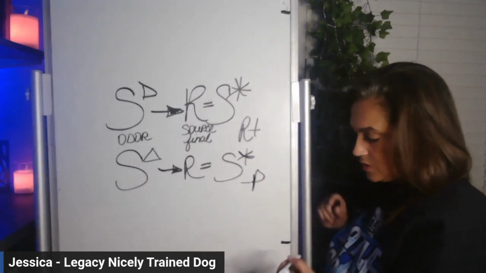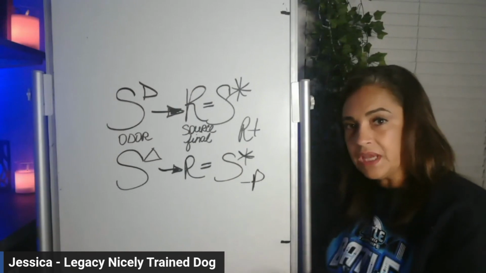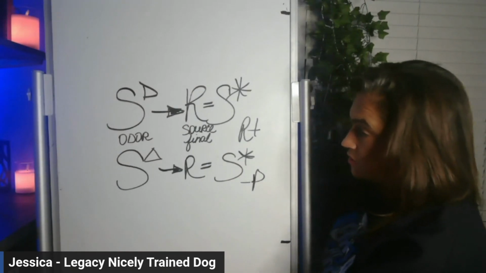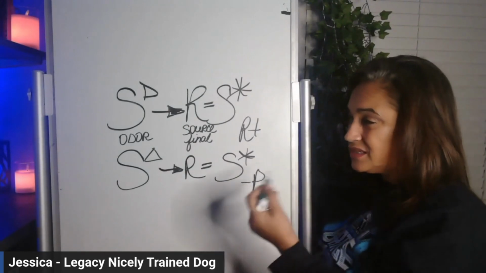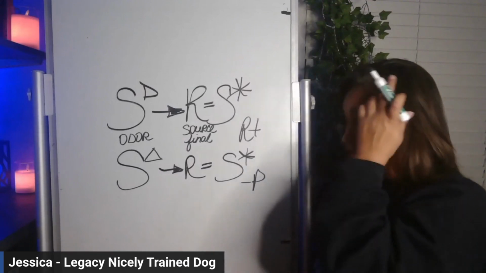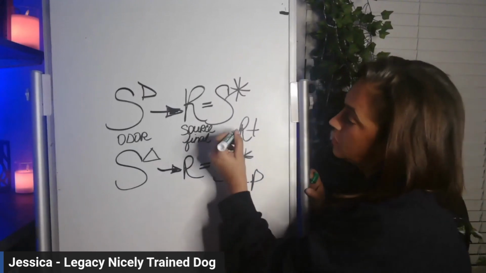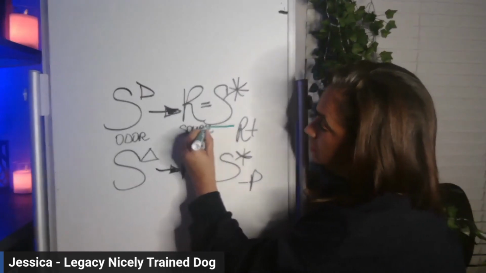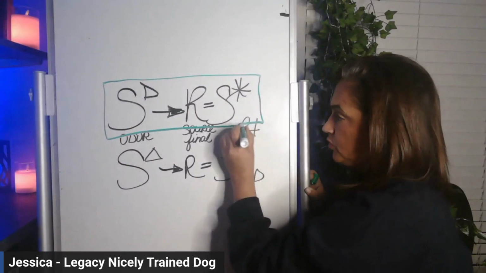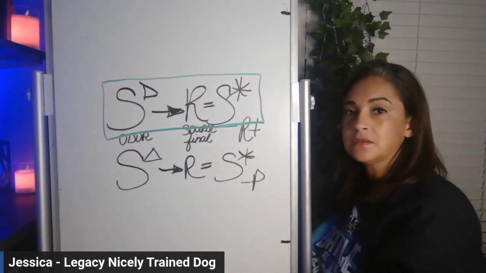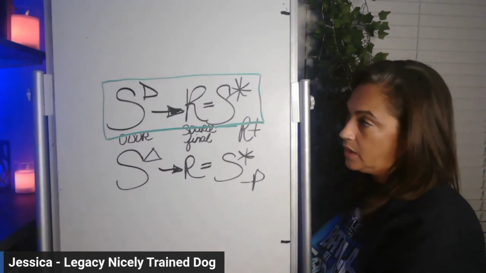So those dogs, the basis of all scent work is discriminative stimulus, response, stimulus consequence. This is actually the basis of pretty much dog training. Right here. If your dog doesn't understand this, you're never going to get anywhere.